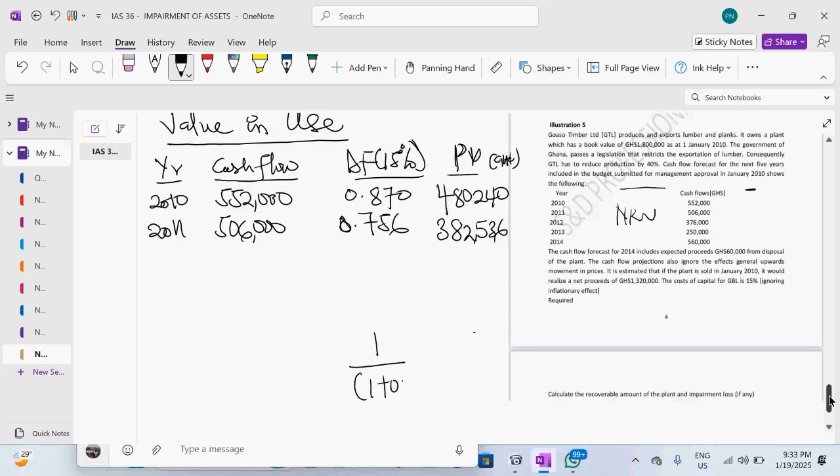And then for 2012, what is the cash flow? That is 376,000.